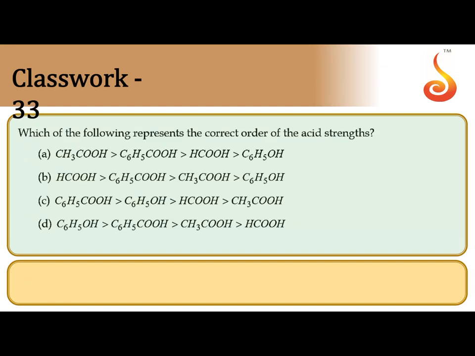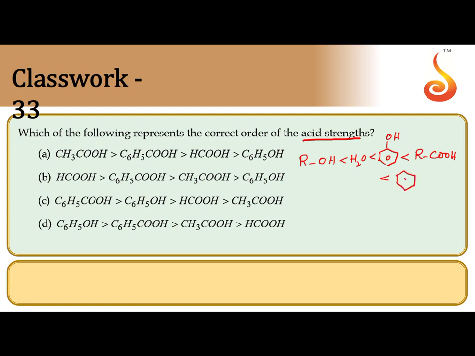Which of the following represents the correct order of the acidic strength? Alcohols, when compared with alcohols, water is more acidic. Phenols are more acidic when compared with water. Then aliphatic carboxylic acids.